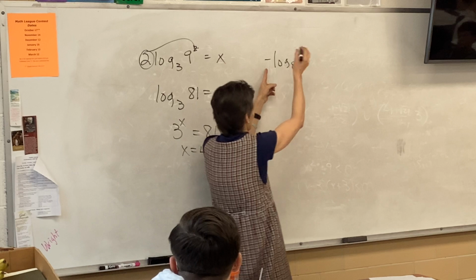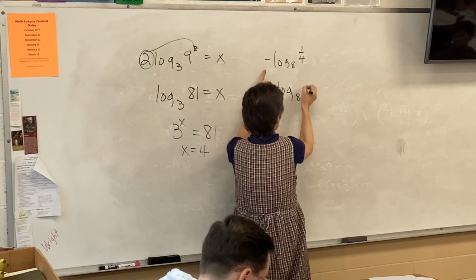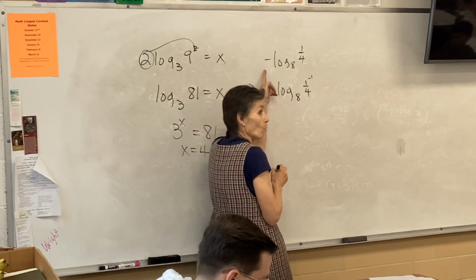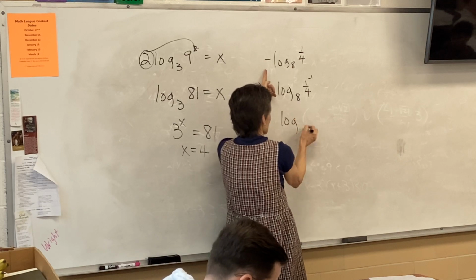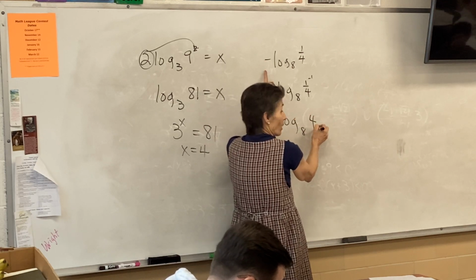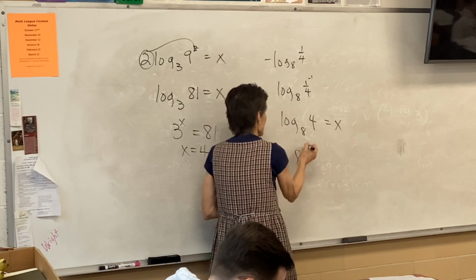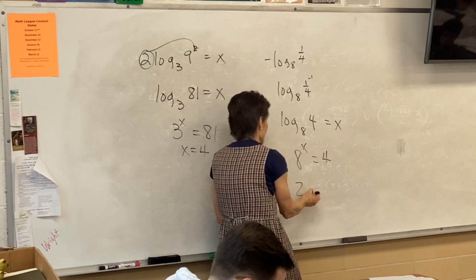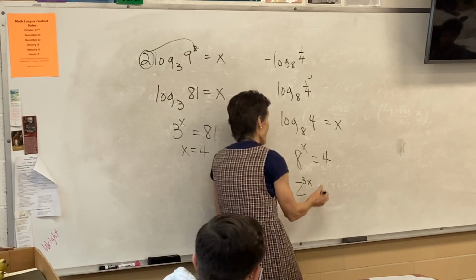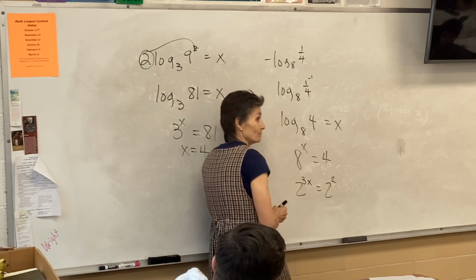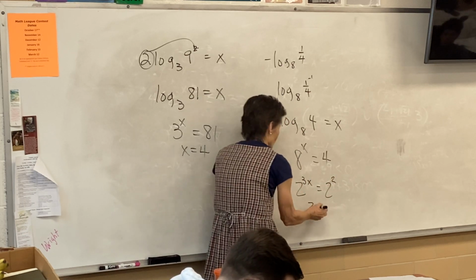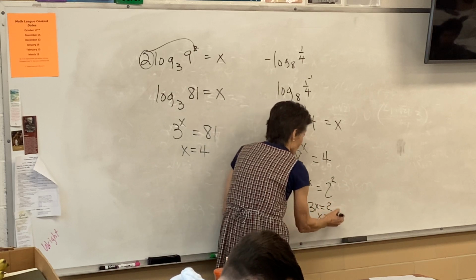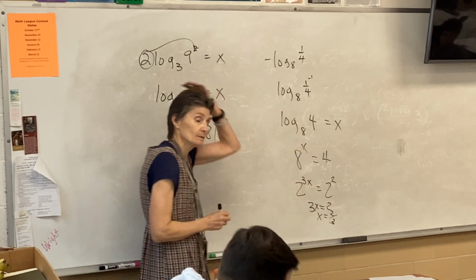It becomes an exponent on the 1/4, which changes it into a 4. So 8 to some power is 4. 2 cubed to the x equals 2 squared. So 3x equals 2 and x equals 2/3. You're exactly right.